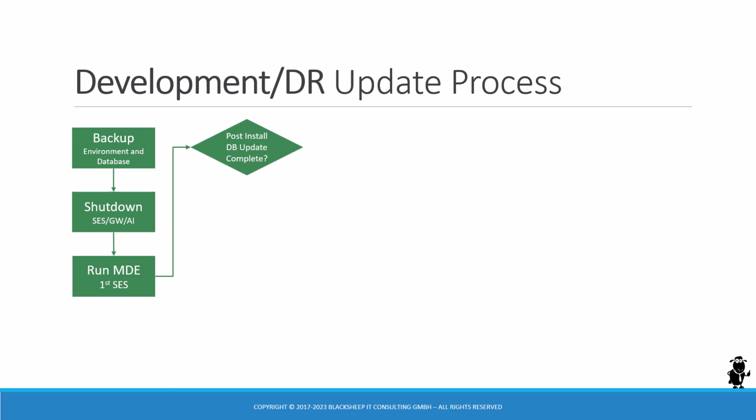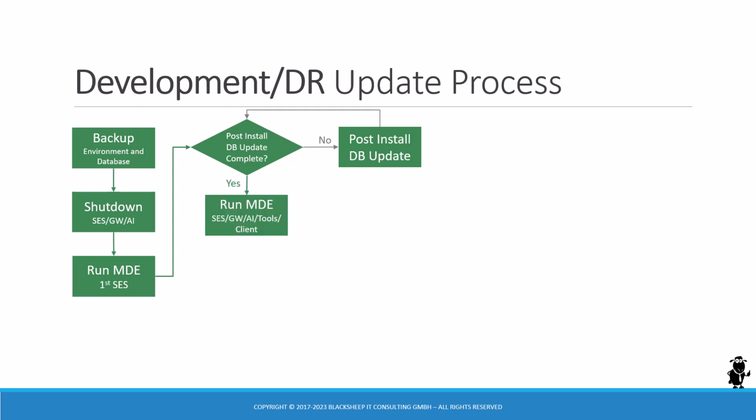It has to be run once per database, and if that doesn't complete successfully, you have to rinse and repeat until that's successful. Then you run the MDE to update any other Siebel software, any other Siebel servers, gateways, AIs, and don't forget Siebel tools or developer web client or mobile web client.